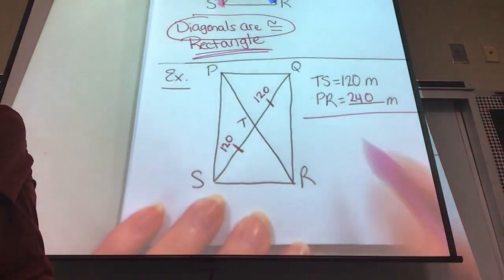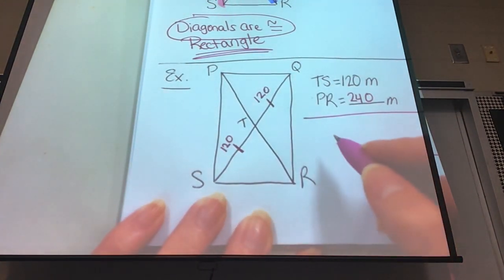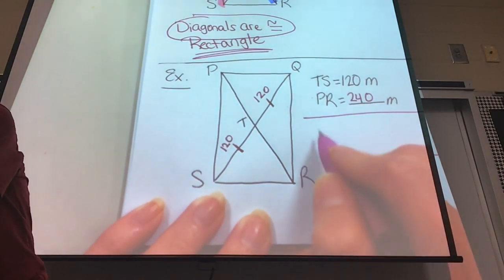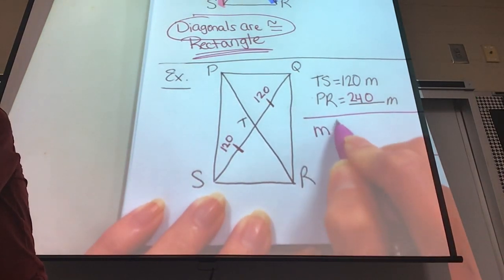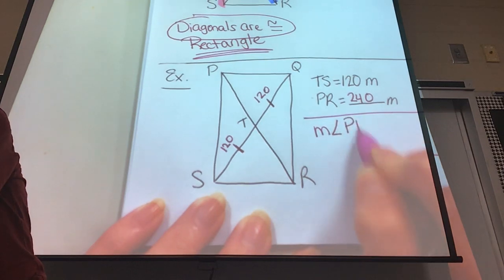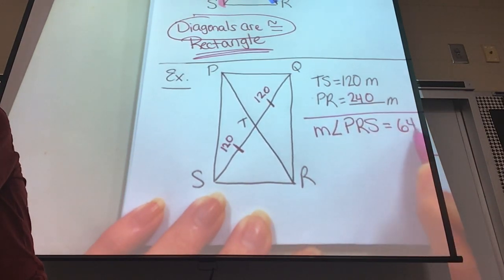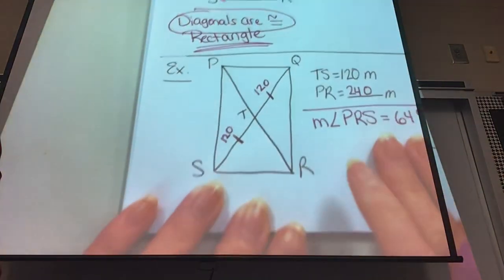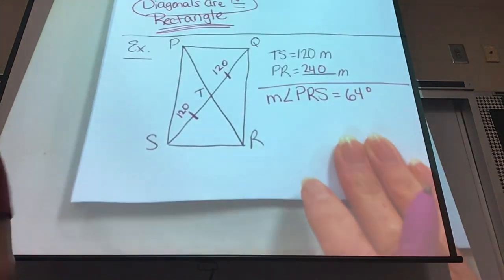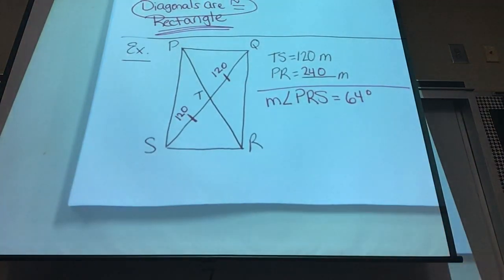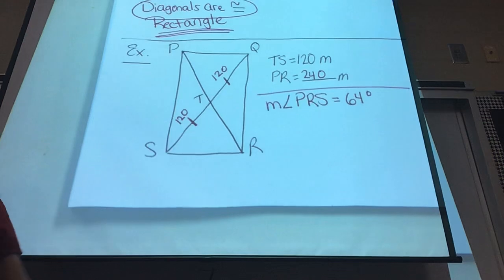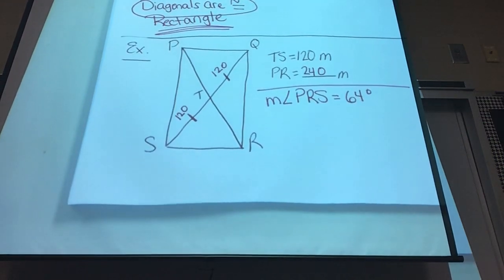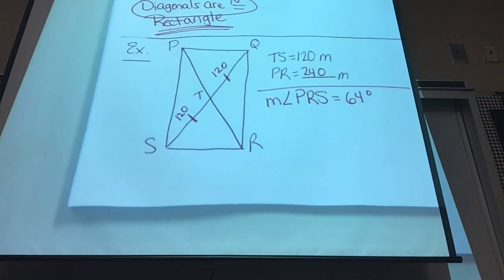What I know is that the measure of angle PRS is 64 degrees.